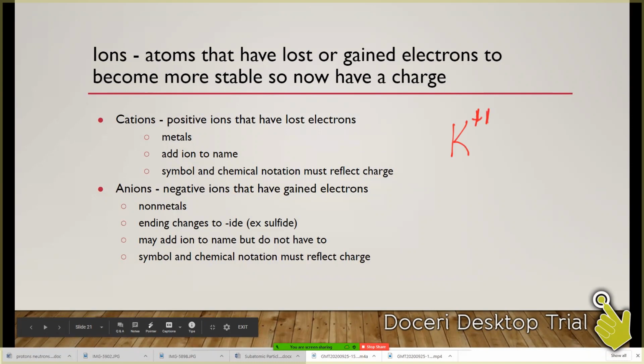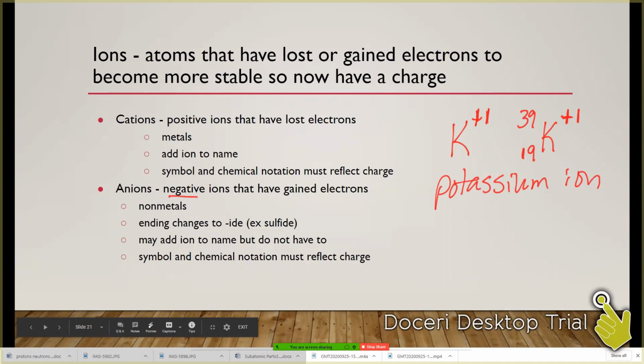It's lost one negative. Or if I had it in nuclear notation, 19 atomic number and 39 mass number, it would still have to have a +1 to reflect that it's an ion, and it would no longer just be potassium. It's now potassium ion.